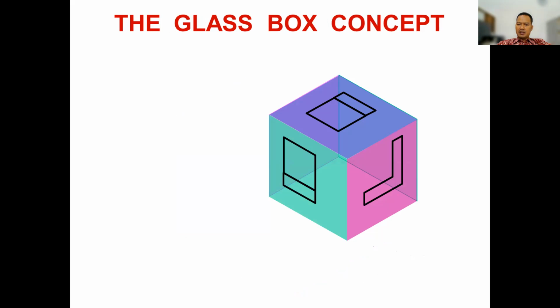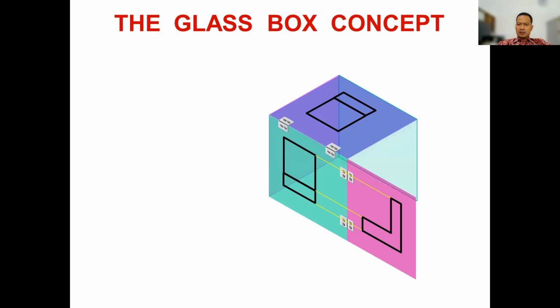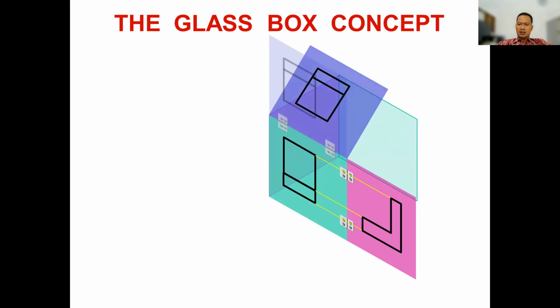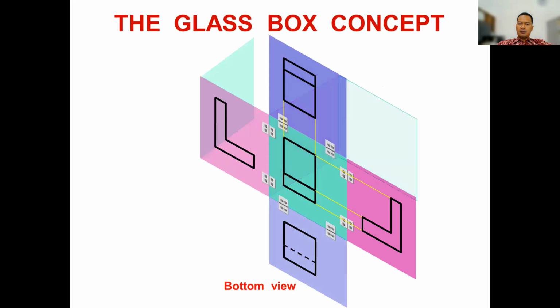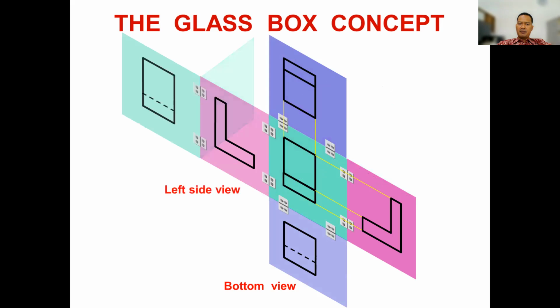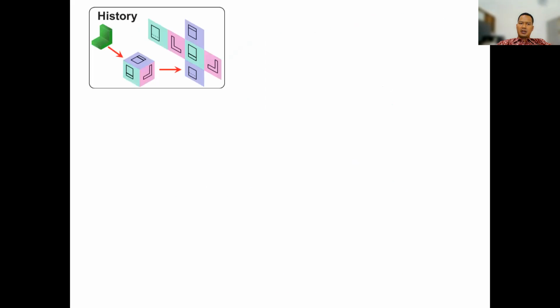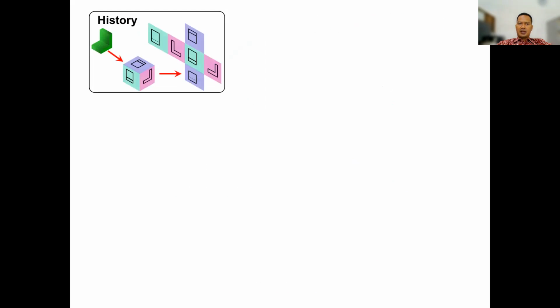We see the different views on every side, and then the glassbox here we can make it open to this position. Then we will get every view, for example, bottom view, left side view, rear view, and all views of the object.